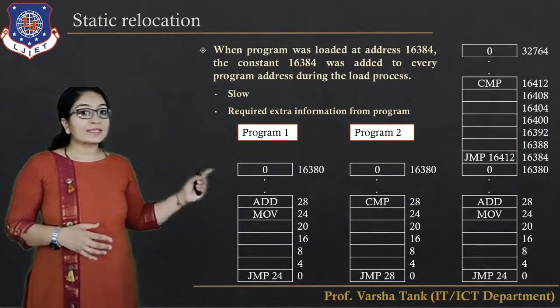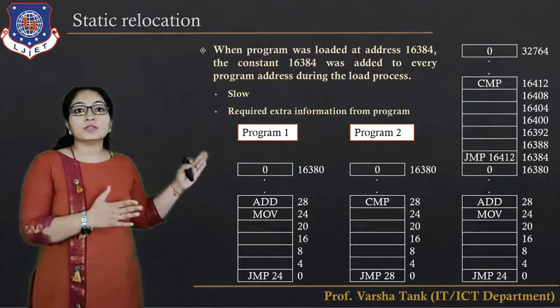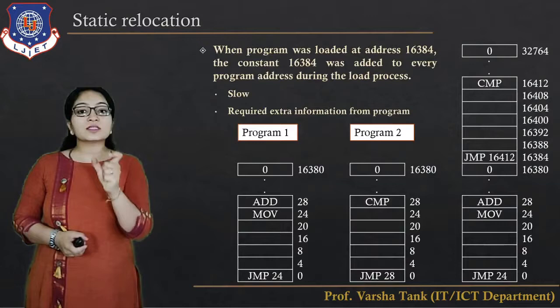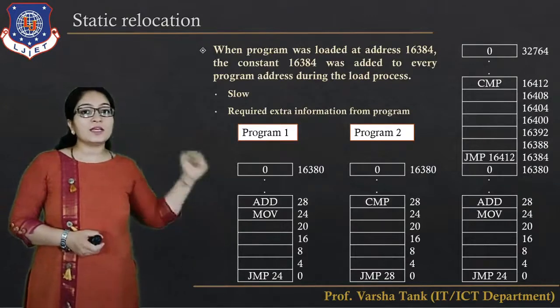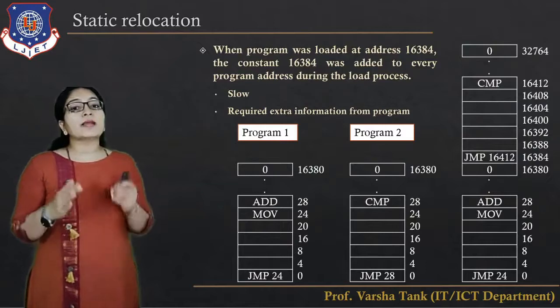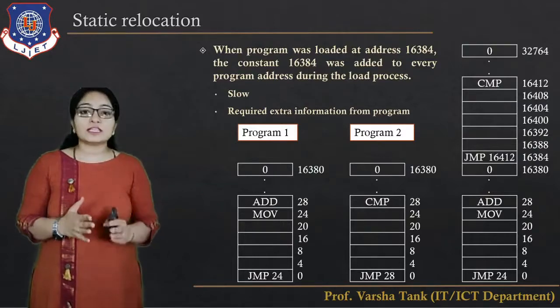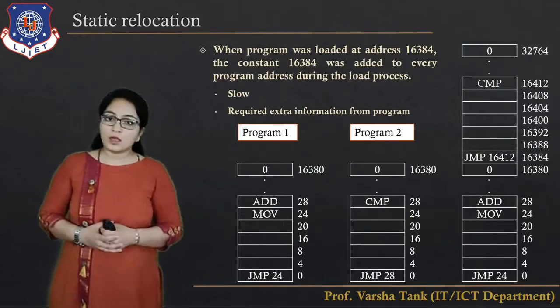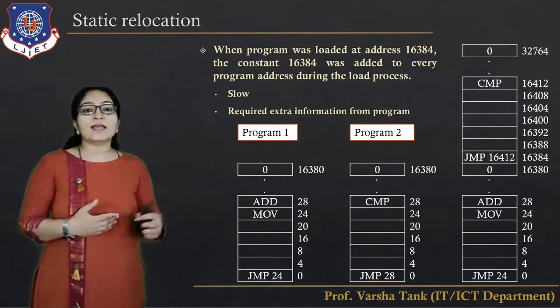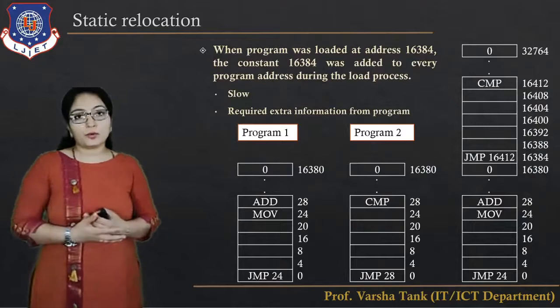Because the program starts loading at address 16,384, we have to add this constant to each and every instruction of program 2. Then and only then will we get the proper address for each instruction and the program will run completely.